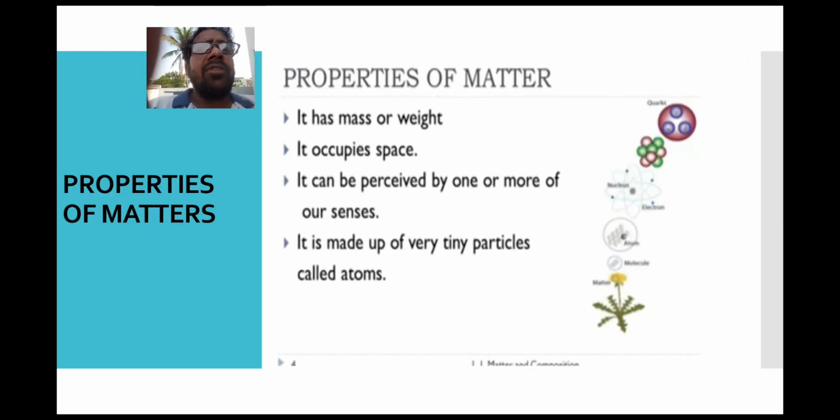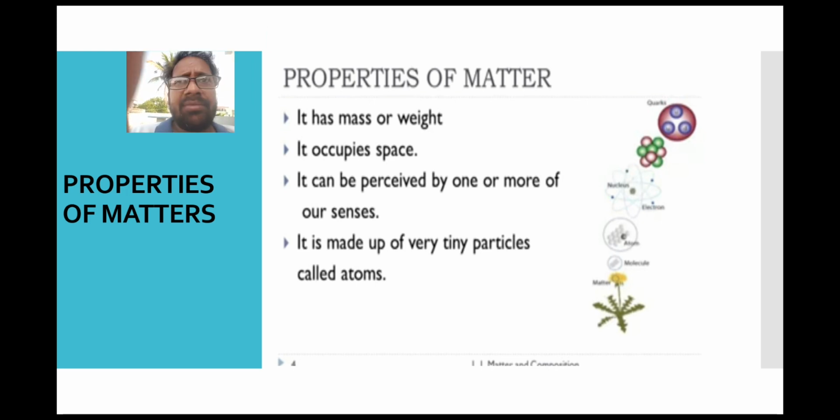Properties of matter. What is a property of matter? You know matter is very clear. Anything that has mass and occupies space is called matter. First, it has mass or weight. Mass and weight are different things, but you will learn about it in later classes.